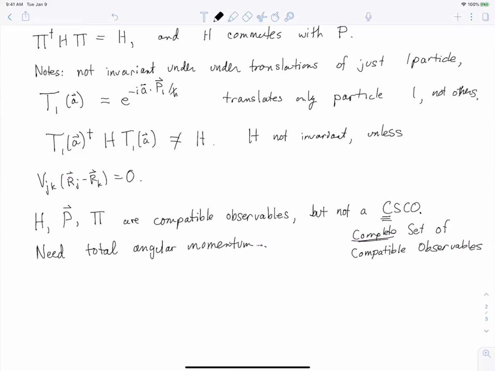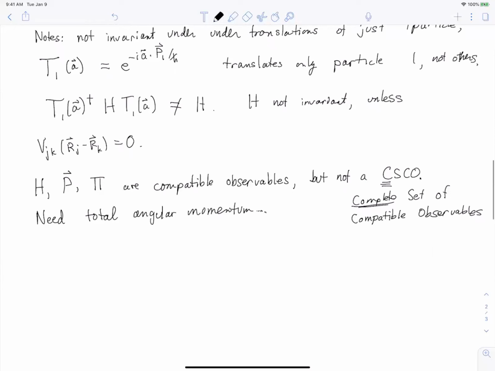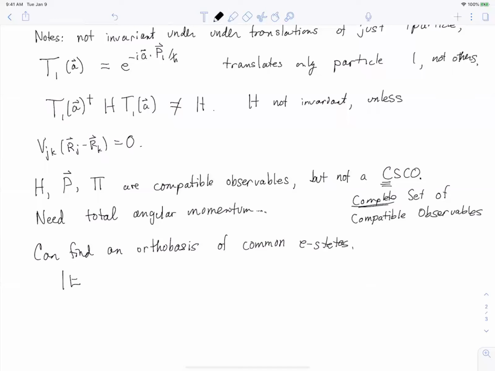That's a story for another day, including the total angular momentum also, but I just wanted to mention that. So even though they're not complete, it does mean that we can find an orthobasis of common eigenstates. Just to write down what they would look like, they would be labeled by the energy and by the total momentum as a number and by the parity as a number, which is either plus or minus 1.